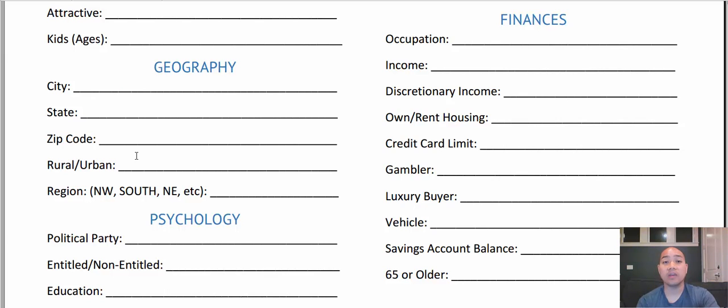On a side note, if you do know the geography down to the state and the zip code of your avatar, the people that you really want to help, you can target your advertising to those exact areas. So if you have a bar or a restaurant or boutique shop, you might want to make sure that you're advertising to a small subset of your local area versus people in Florida if you're on the West Coast, right?